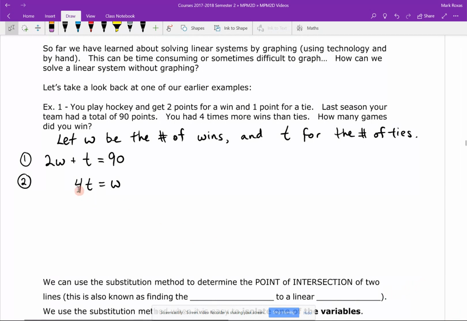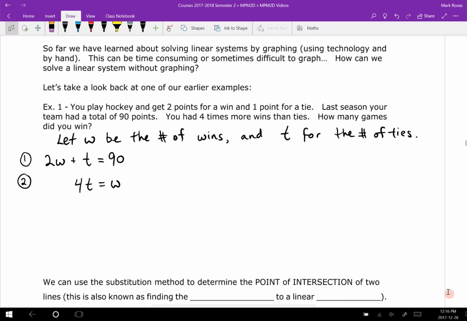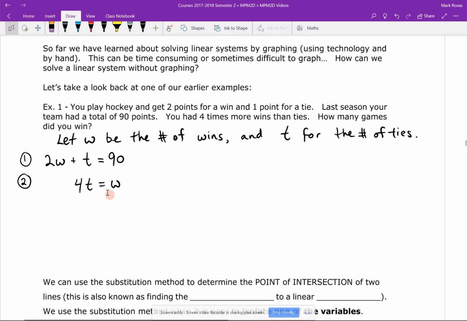If the number of wins is 4 times the number of ties, then we can substitute this idea, 4 times the number of ties, from our second equation for the w variable in the first equation. Because at the point of intersection, these two equations have to be the same point. W and t have to be the same.